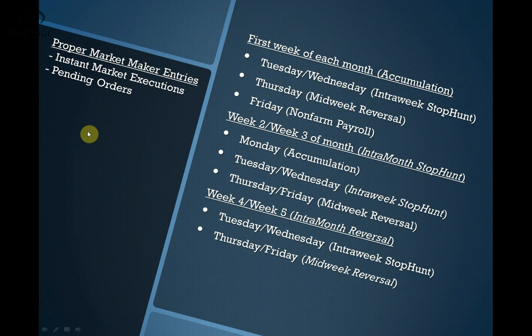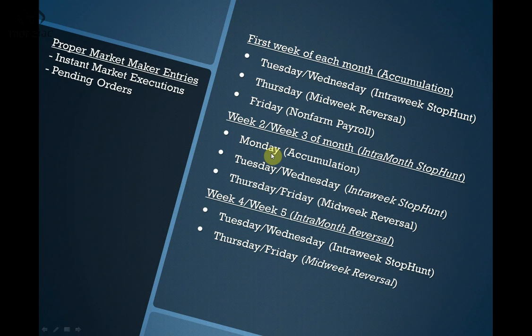We enter looking to trade intra-week cycles, and then Thursday, first week, we expect a midweek reversal, or Friday, which is the non-farm payroll. So we're gonna get the reversal on Thursday, which is the market makers' intra-week reversal, or the Friday non-farm payroll reversal. You understand? So there's a proper market maker cycle based on the intra-month cycle, first week.